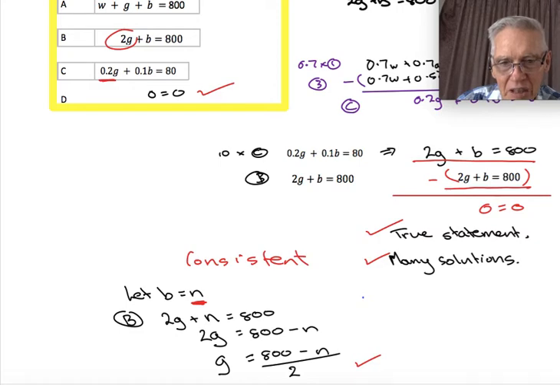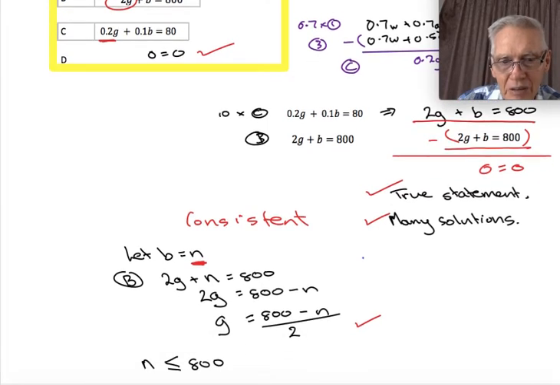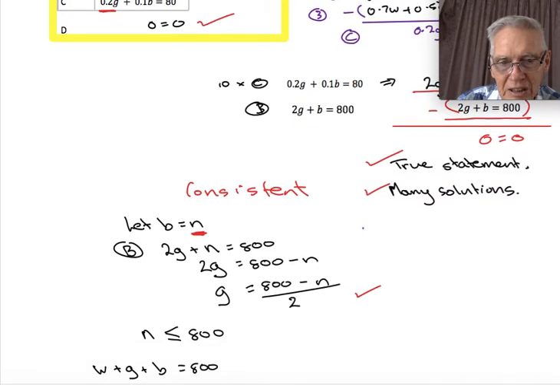That's a general statement in terms of N. So whatever you choose for N, you can work out the number of grey tiles from this formula. Then you do the same for the top one here for the A equation. So write the A equation. And N cannot be bigger than 800, because if N goes over 800, you're going to get into the negatives. So there's a restriction there, N is less than 800.